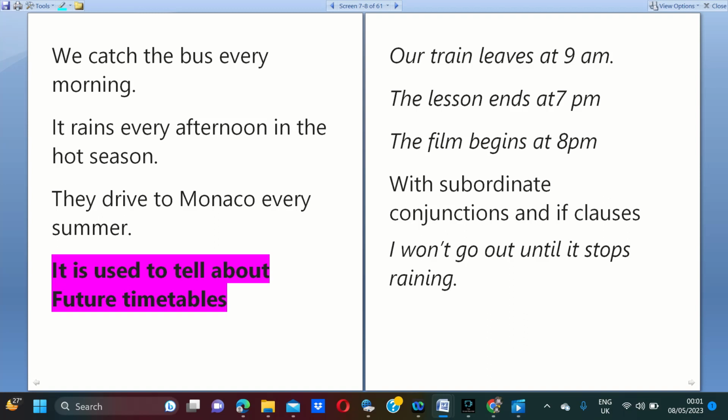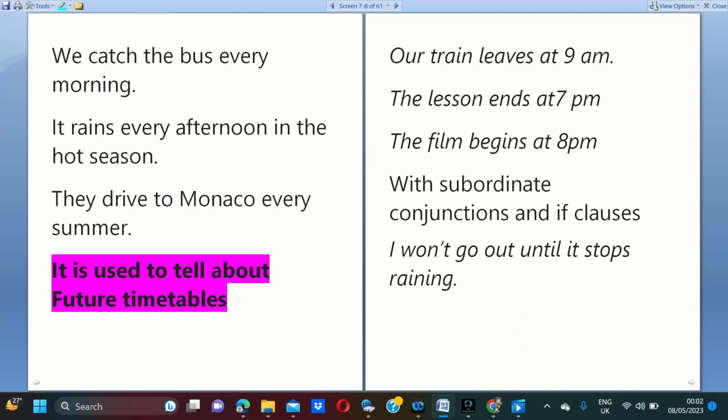And what is another use of simple present? Simple present always talks about present actions, but when we use it with subordinate conjunctions, it talks about the future also.